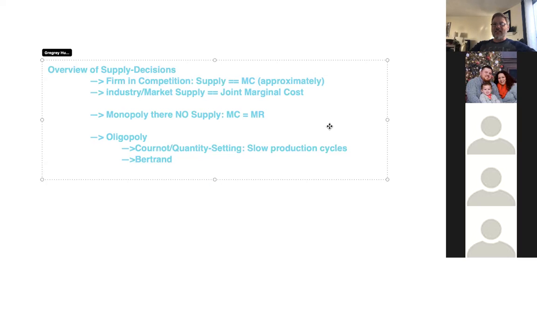So what that means is that at the beginning of that production cycle, you have to plan for how much output you want to have at the end. And you don't know what the price is going to be. So you're stuck in the end with whatever amount of output you get, and then you have to sell it at the best price that you can get at that point in time, at the end of the production cycle.